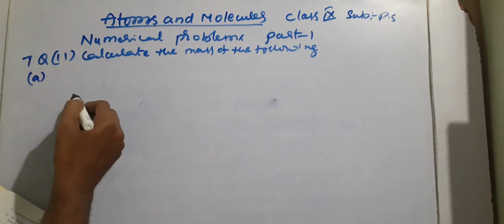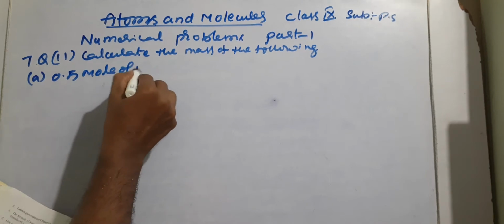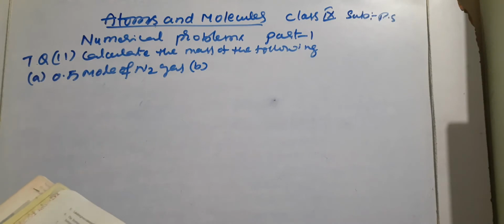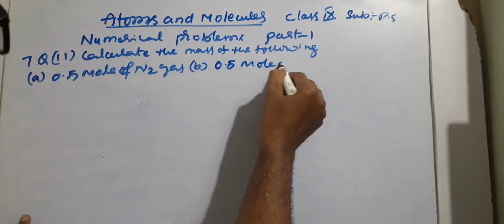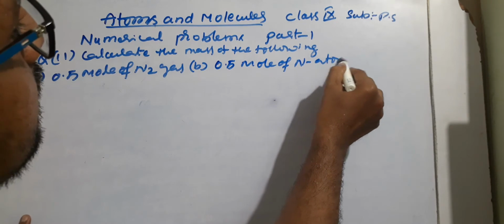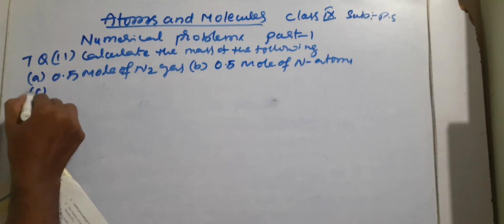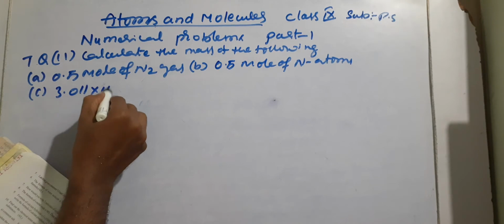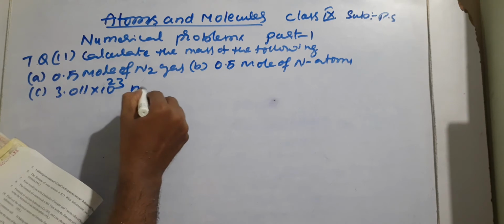Question number A: 0.5 mole of N2 gas. Question number B: 0.5 mole of N atoms. Question number C: 3.011 into 10 power 23 number of N atoms.